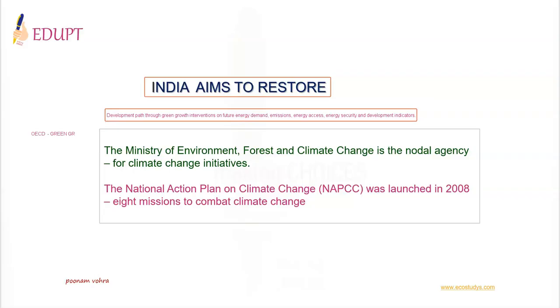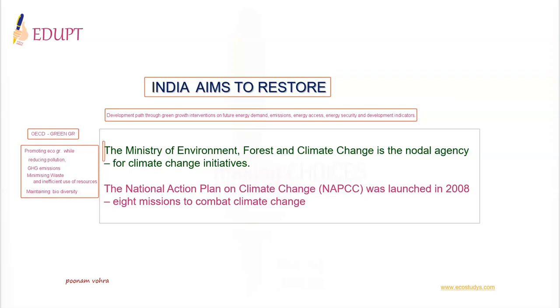The Organization for Economic Cooperation and Development, that is OECD, defines green growth as promoting economic growth while reducing pollution and greenhouse gas emissions, minimizing wastes and inefficient use of resources, and maintaining biodiversity.